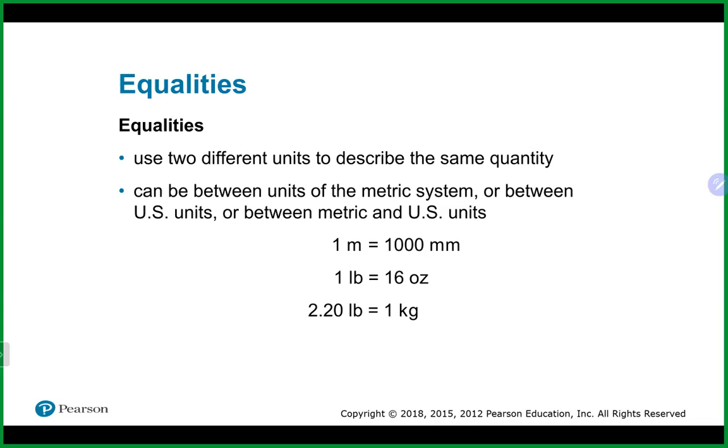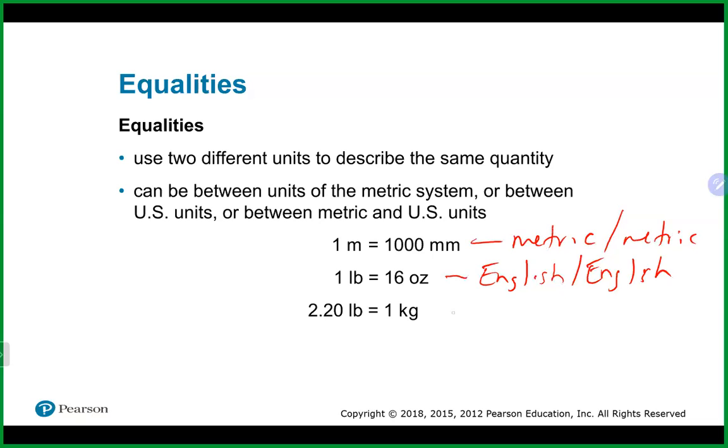And 1 kilogram is the same as 2.2 pounds. We have the 3 different types of equalities that you might come across. This is our metric to metric. This is our English to English, our US to US. And this is our English to metric.